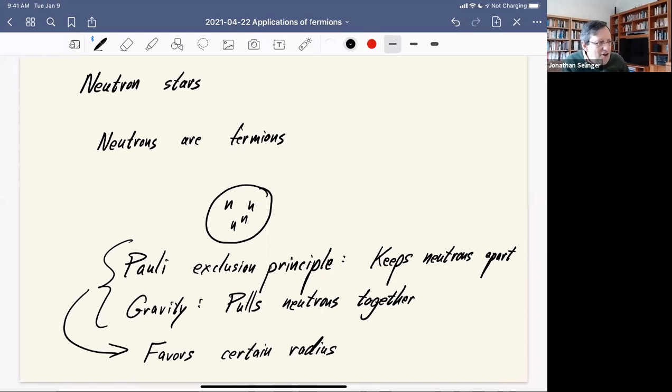Okay, so those are three kinds of little stories in an hour and a quarter about why fermion properties are important. Especially for the atoms, that's in chapter 5 of the textbook.